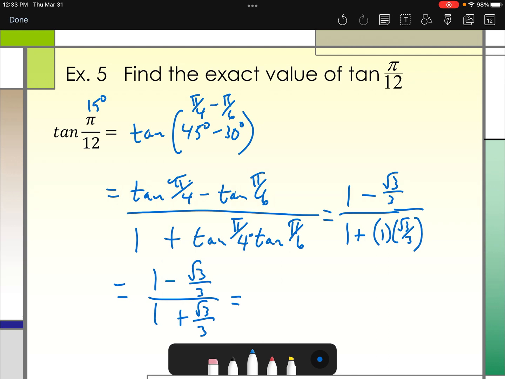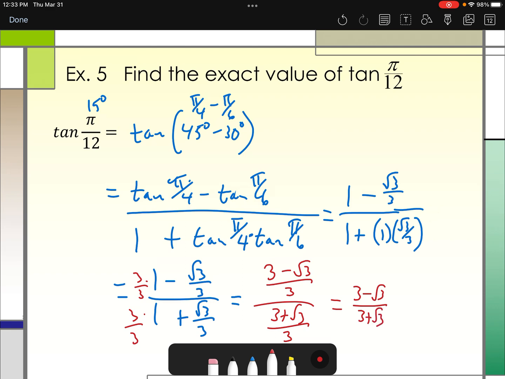So if we just use our knowledge of rationals that we done before, but also our knowledge of what we just did with cosines and sines, when we just get a common denominator, we'd have 3 minus rad 3 over 3 plus rad 3 over 3. And you know what's going to happen. These 3's are going to cancel here. And we get 3 minus rad 3 over 3 plus rad 3.